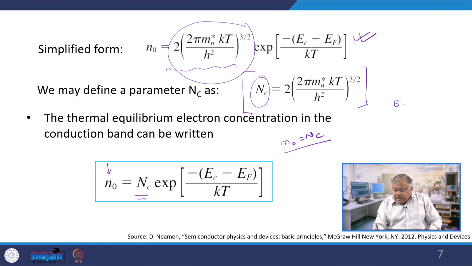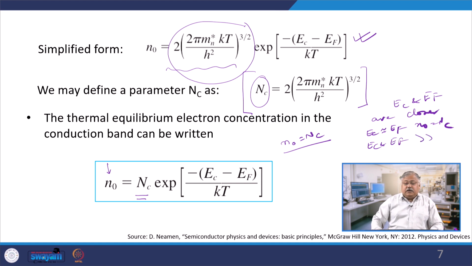So when EC is approximately equal to EF, N0 is equal to NC, the maximum value, and when EC and EF are far apart from each other, EC much larger than EF, you end up having almost zero free electrons available to us, and that is explainable by this quantity over this particular point.